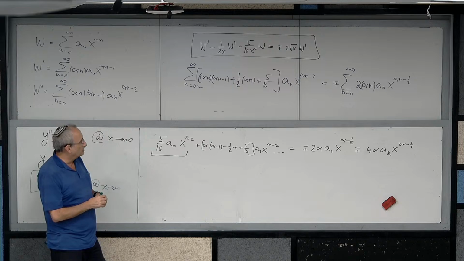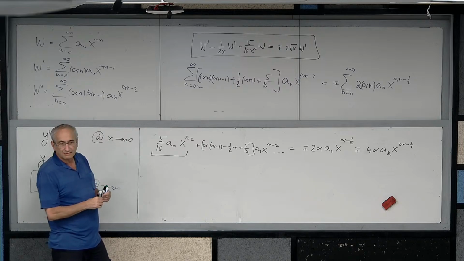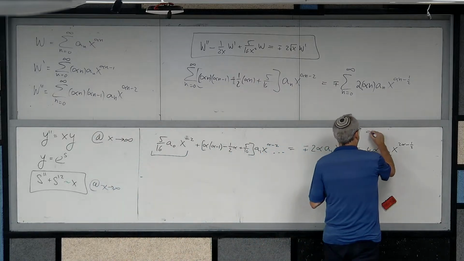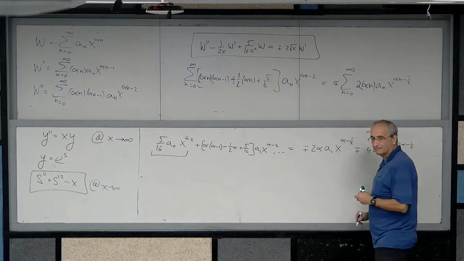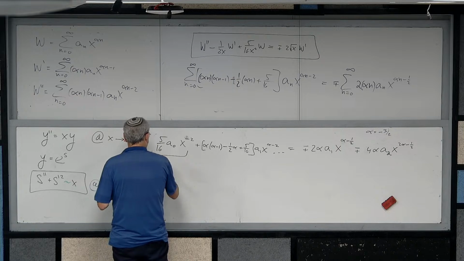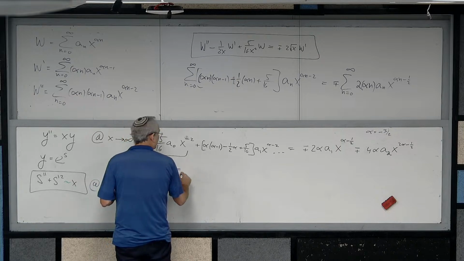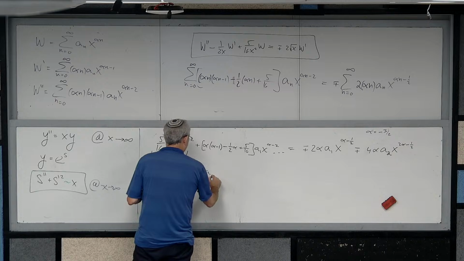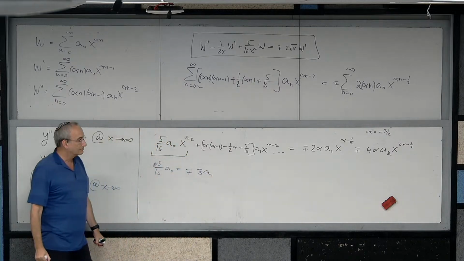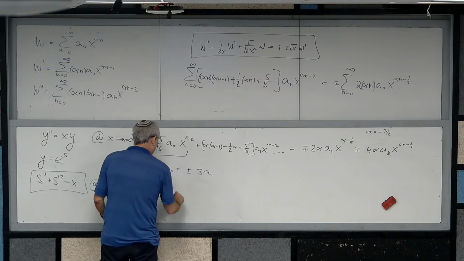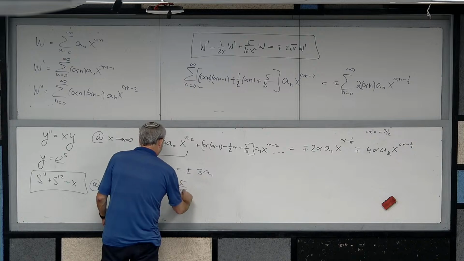And this dictates that alpha must be minus 3/2. So what we have here is 5 over 16 a_0 equals minus plus 3 a_1, that's plus minus 3 a_1. So we know that now a_1 is 5 over 48 a_0.